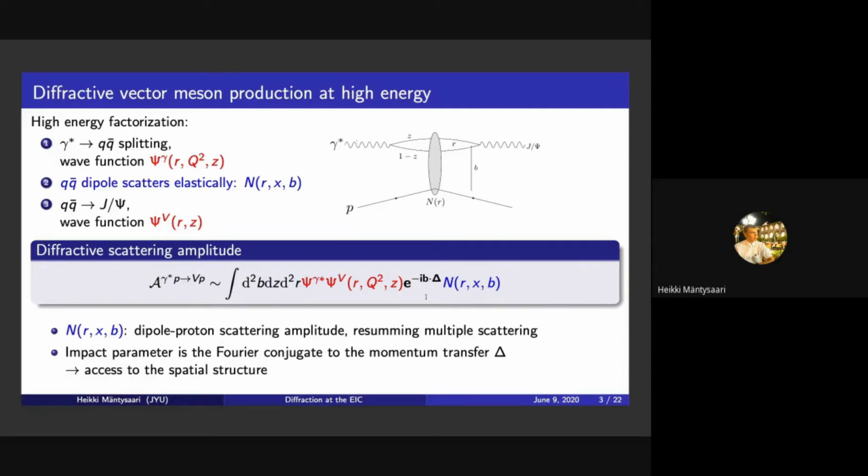And as I mentioned, the Fourier conjugate to the impact parameter is the momentum transfer. So you already see that this scattering amplitude is very sensitive to the spatial dependence of the dipole target interaction, how this function depends on the distance from the proton to the center of the dipole.